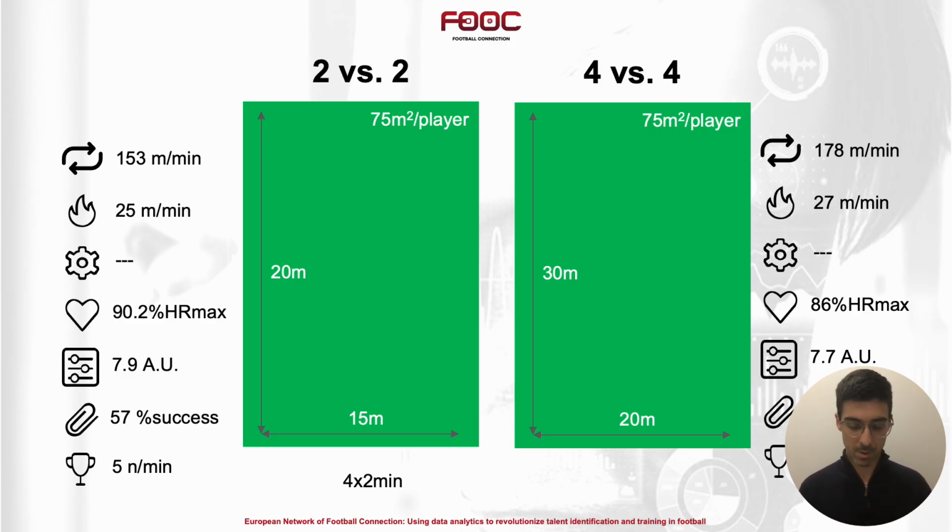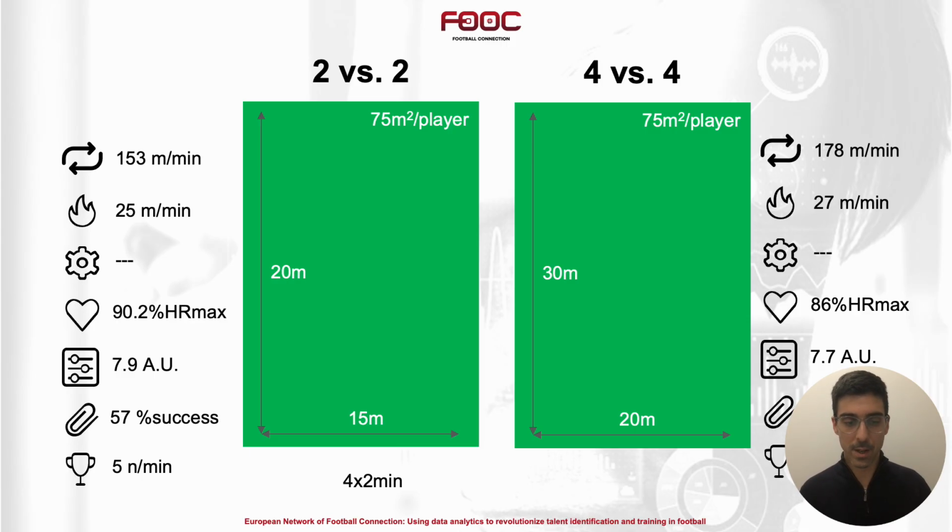So a greater number of players will allow players to cover more distance, because the space will increase, even if it's standardized to the same area per player. If the number of players increases, the size of the pitch will also increase and allow players to run more. Also, the intensity in high-speed running will be higher. However, as you can see, in 2 versus 2 the typical heart rate max will be 90%, and in 4 versus 4 it will be 86%.